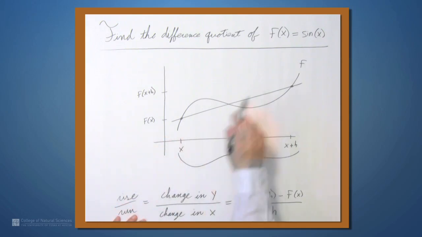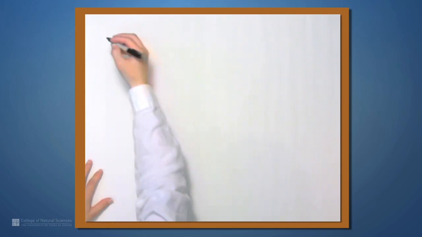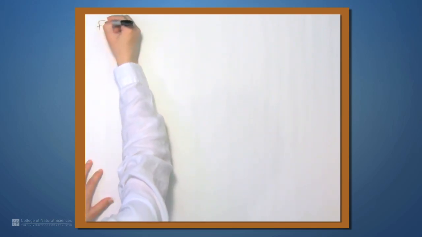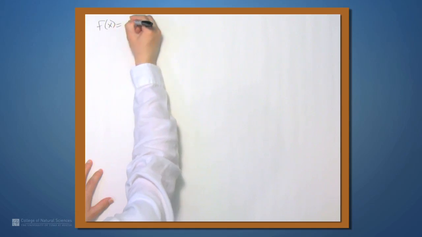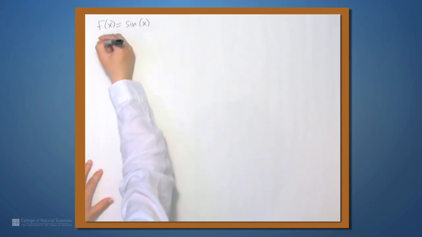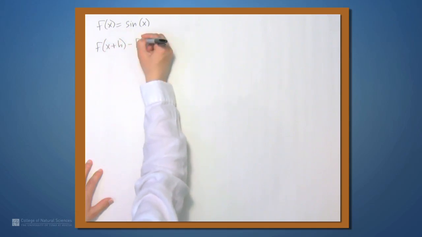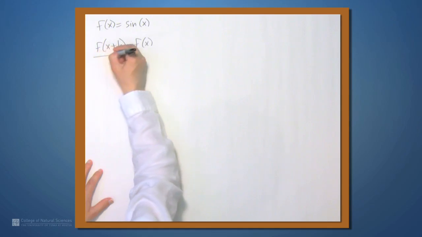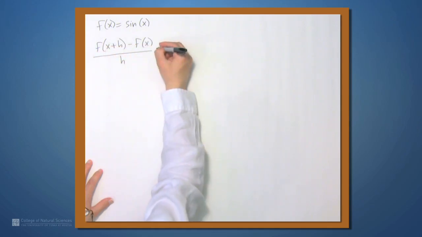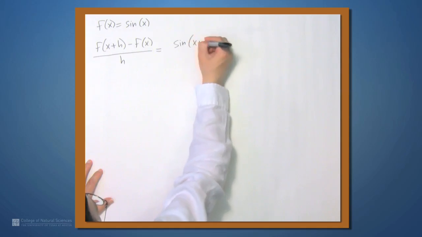Okay, so let's look at this for our particular example here on a fresh sheet of paper. So if f of x is sine of x, then f of x plus h minus f of x all over h is just sine of x plus h.